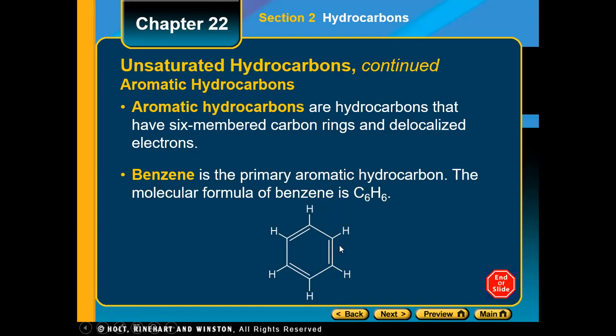Whenever you have a compound that contains this structure, benzene, it is going to be an aromatic hydrocarbon. Vanilla, for example, is one of the compounds that contains this. And I'm pretty sure that you have witnessed the sweet smell that it has, haven't you? Yes? Yes. This structure is present in vanilla.